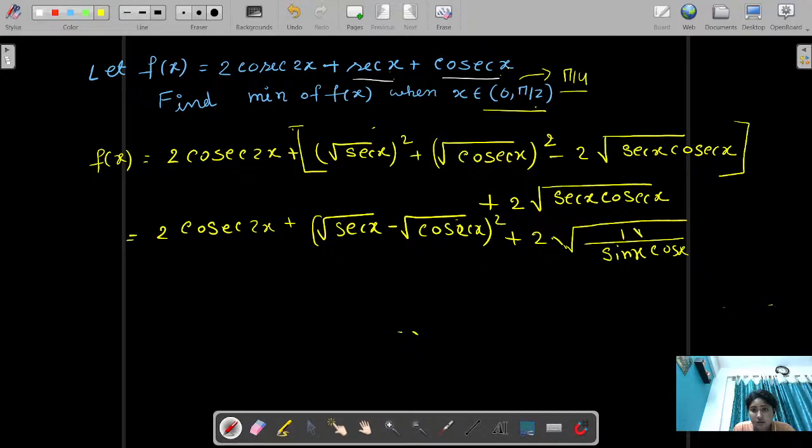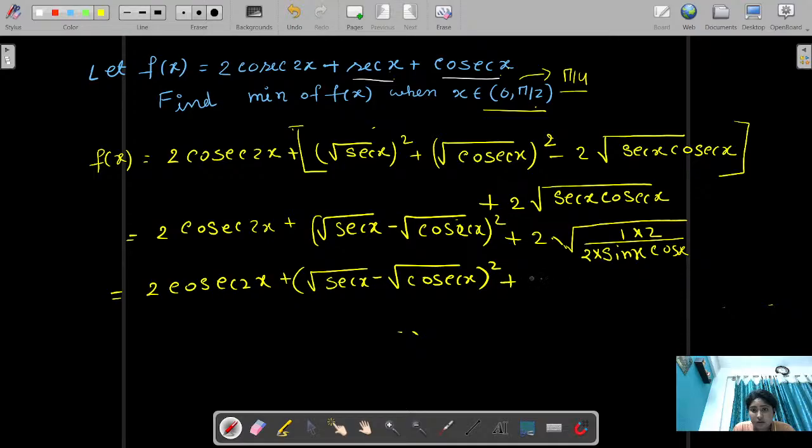I can multiply it by 2 in the numerator and denominator also. So then I will get 2 cosec 2x plus root under sec x minus root under cosec x whole square plus 2 root 2 and root under, this is my sin 2x. So 1 by sin 2x means cosec 2x.